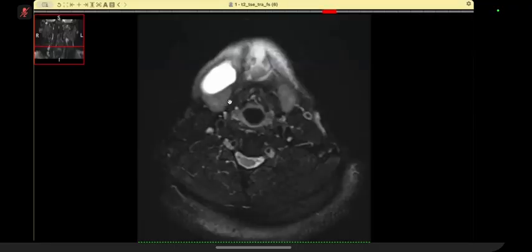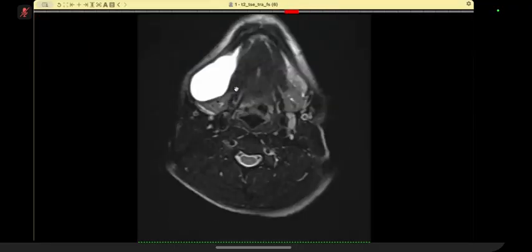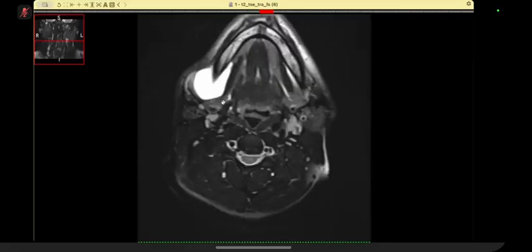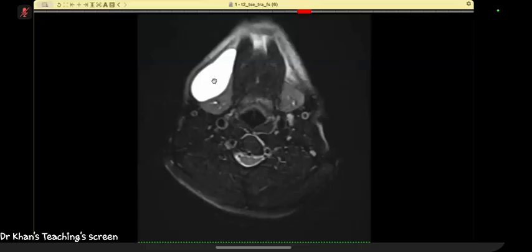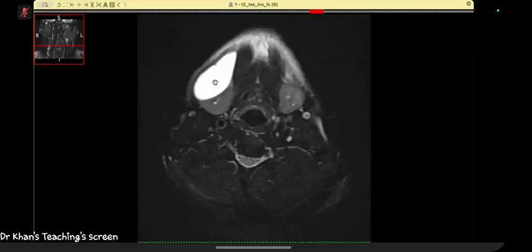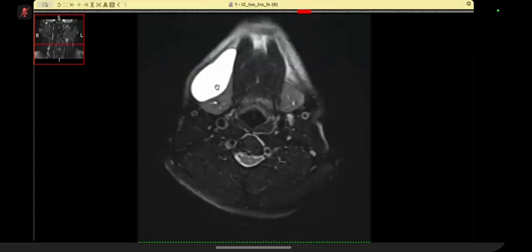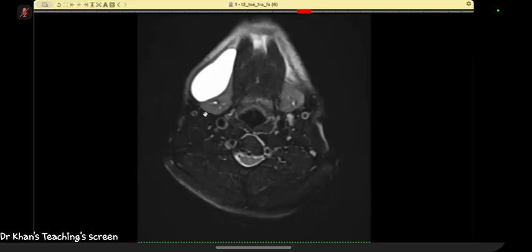If there was a stone there and this was the duct, then there would have been sialectasis. So this thing is sitting anterior to the submandibular gland. On the other hand, if it was a branchial cleft cyst, it would have sat behind it, near the sternocleidomastoid muscle.